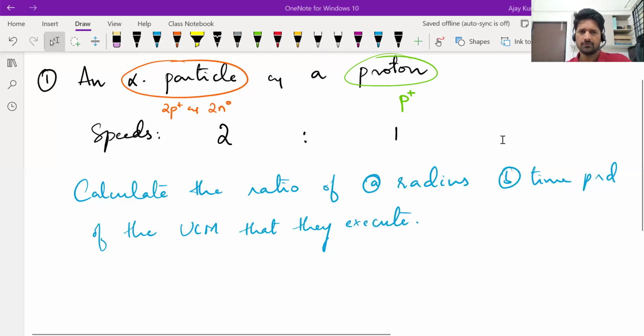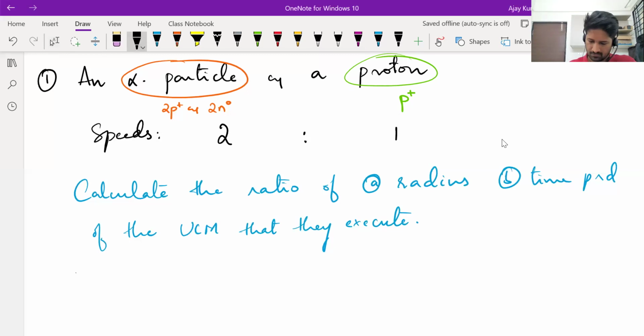Rishi, can you tell the formula for the radius of the circular path executed by a charge? Sir, I'm not sure.